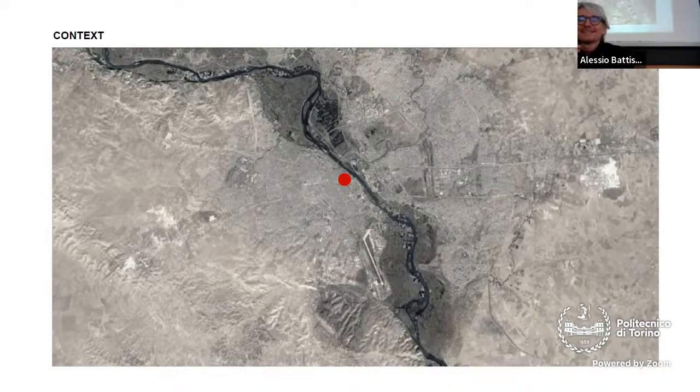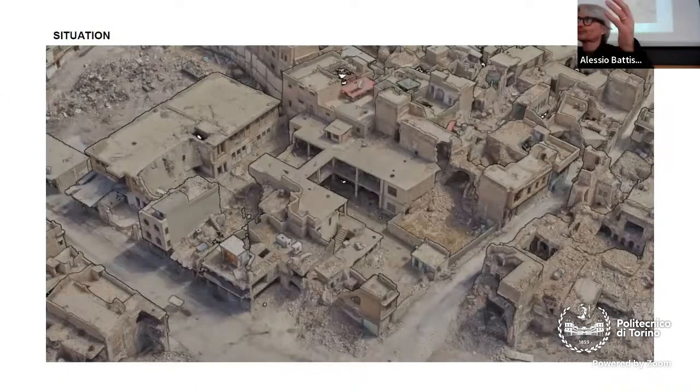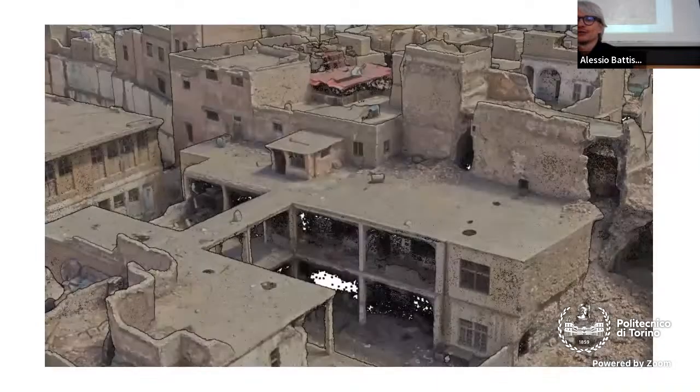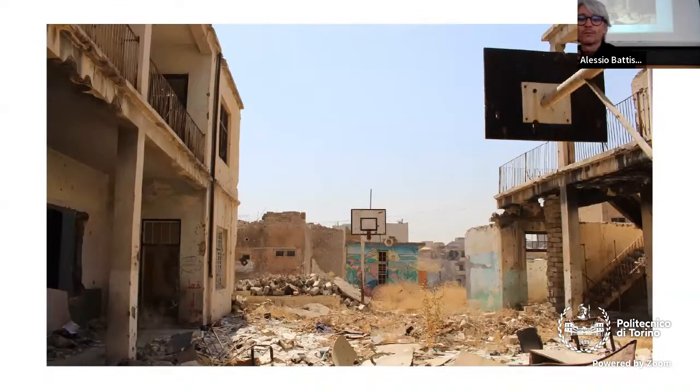Okay, this is the center. Again, you can feel how destroyed it is. This is a drone picture, a survey actually by drone, but these are my pictures. As you can see, this is a primary school, and again, it looks like a target, which is quite unfair from my point of view.